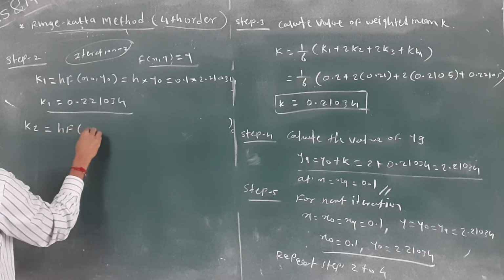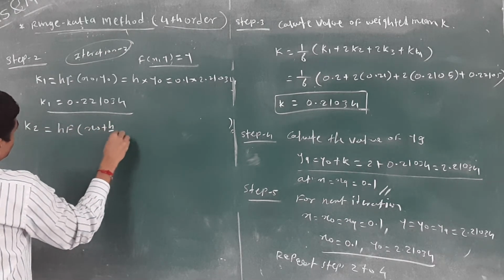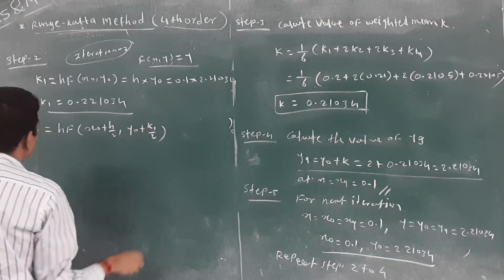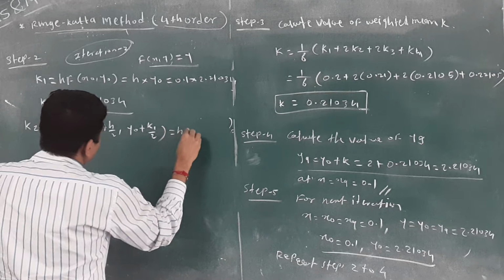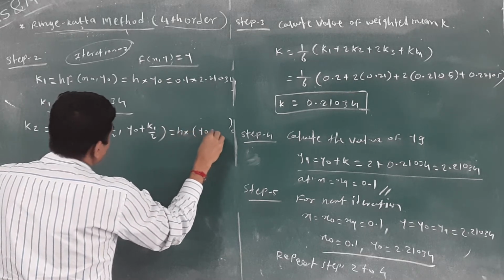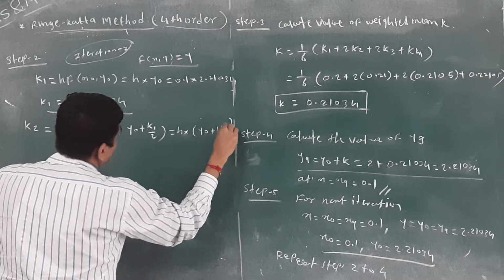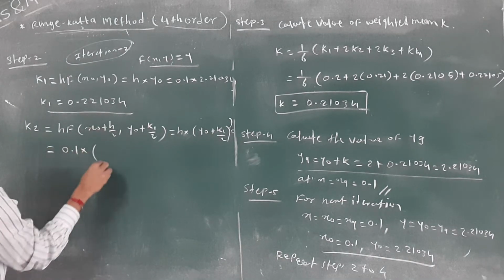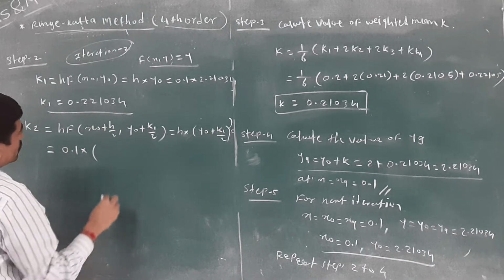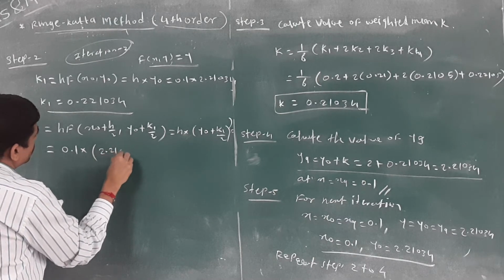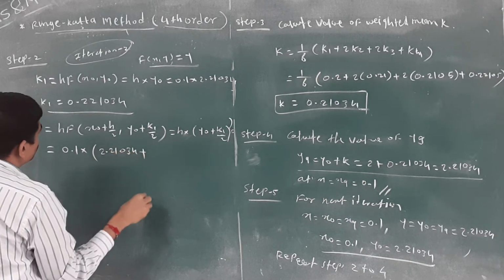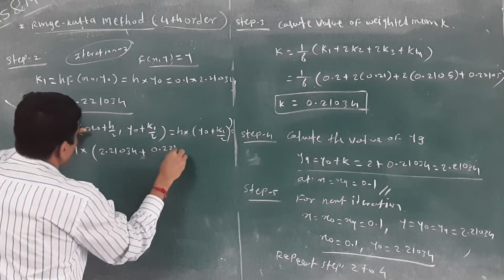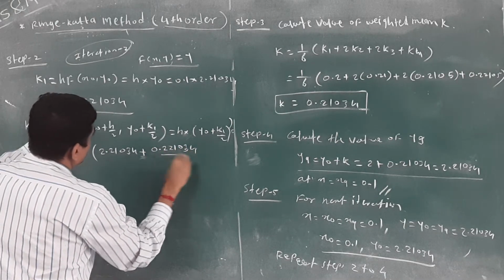k2 is equal to h f of x0 plus h by 2, y0 plus k1 by 2. Then again we can simplify: h into y0 plus k1 by 2 only. Put the value: 0.1 into what is the value of y0? 2.21034 plus what is the value of k1? 0.22134 divided by 2.